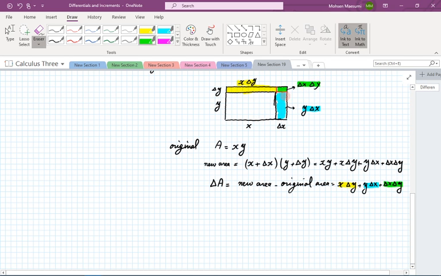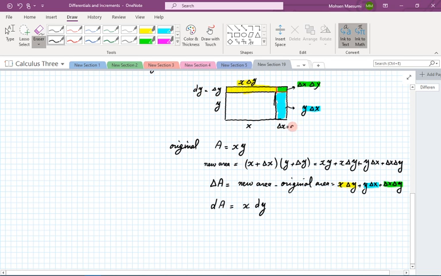Now we kind of reason out that this little green piece is small compared to the blue and yellow one. So on the first quick calculation, we can put this aside and just consider the delta A to be the blue and the yellow one. Now to keep it separate from this, we use the notation differential of A, and now we're going to call this x dy. So this delta y is exactly the same as dy.